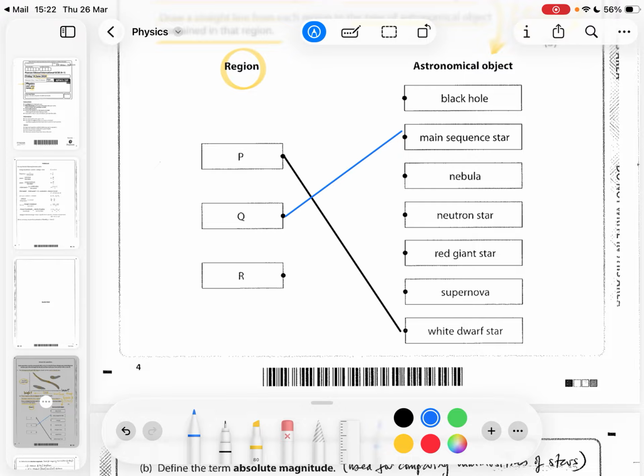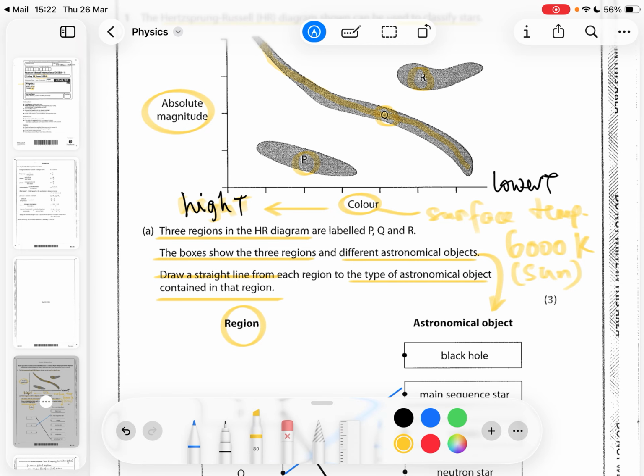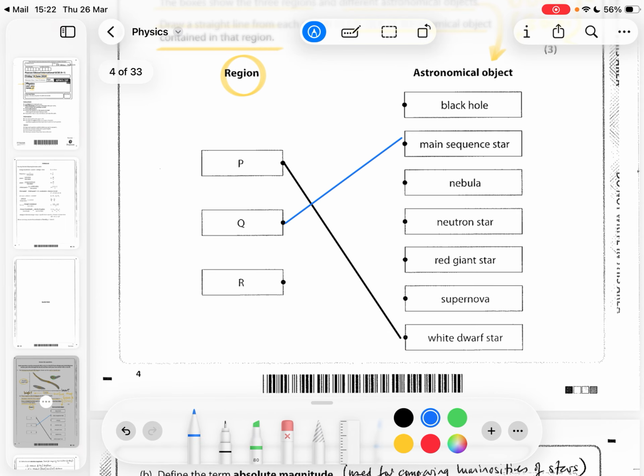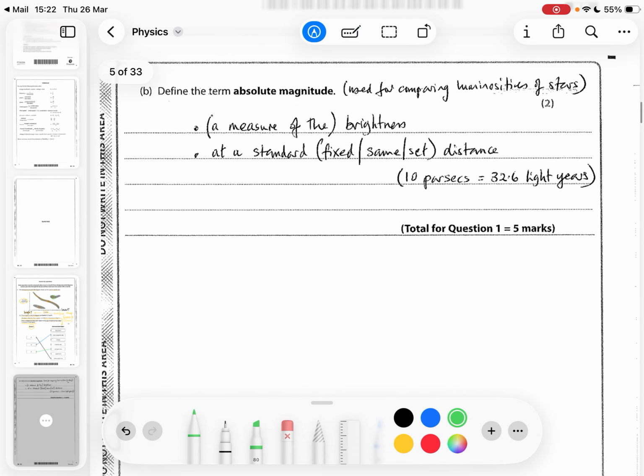And R, let's do it in green. R are red giants. So we draw them there. So you would get 3 marks if you get those 3 lines drawn straight between the right letter and the right astronomical object. So you need to know what all of those astronomical objects are.